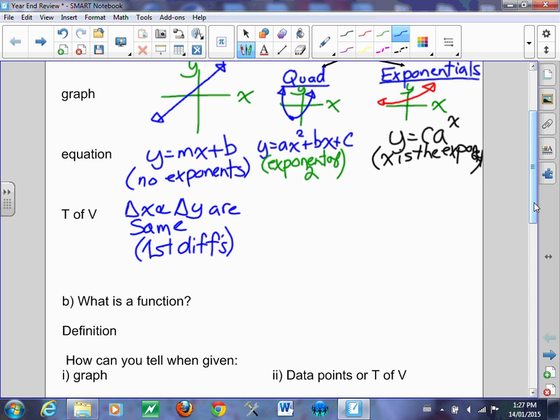Okay? Taking a look at a quadratic, you will notice that the first diffs are variable. Okay, so first differences are variable, meaning not the same. Okay, but second differences are constant.